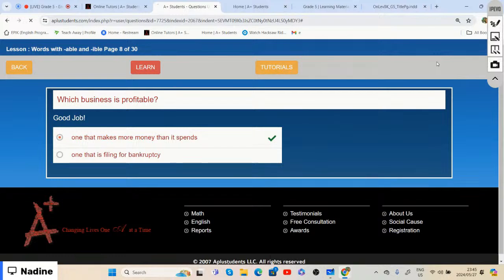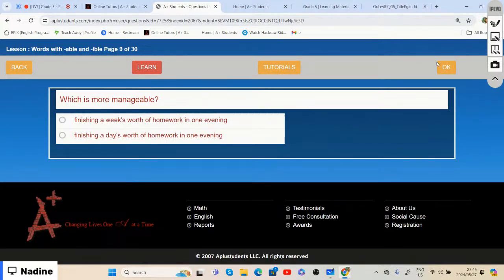All right, let's do the last one. Which is more manageable, something that you're able to manage, something that you're able to control? Is it finishing a week's worth of homework in one evening, or finishing a day's worth of homework in one evening? Something that is more manageable, something that you're able to do.